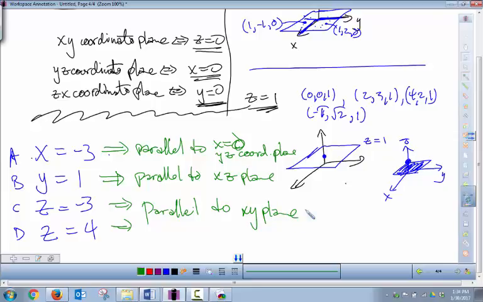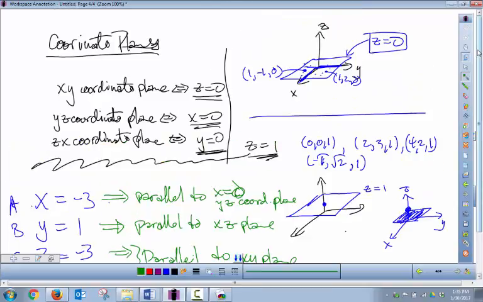So we'll see these a lot, especially when we start studying surfaces in 3 dimensions. We're going to say something that's parallel to the xy plane, that's cutting a surface or something like that. So we have to be able to visualize these planes that are happening. All right. So those are some of the coordinate plane ideas.